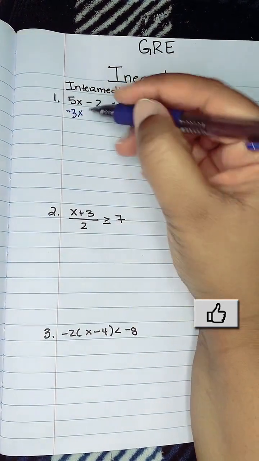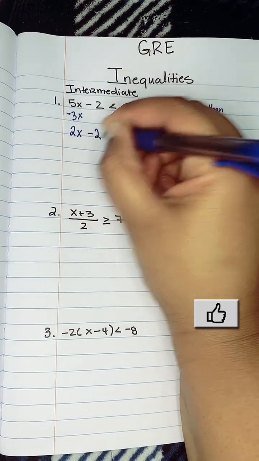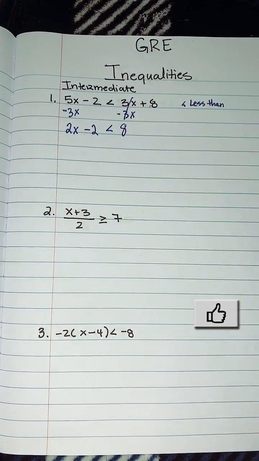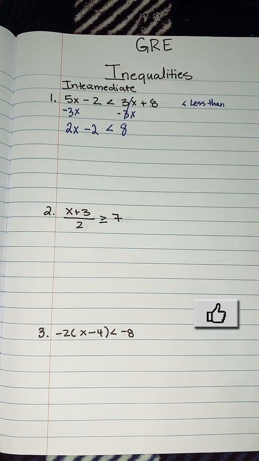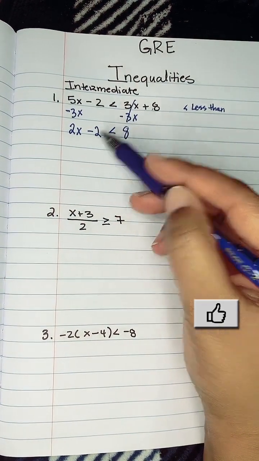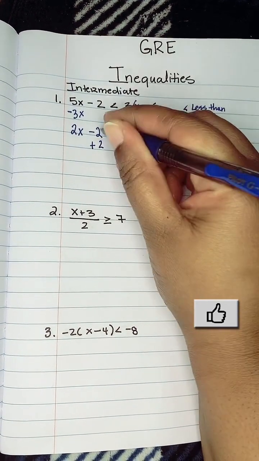And then we get 5x minus 3x is going to give us 2x minus 2 less than, and then we're going to drop down our 8. We need the 2x by itself, so we have to get rid of this negative 2. So we're going to add 2 to both sides.